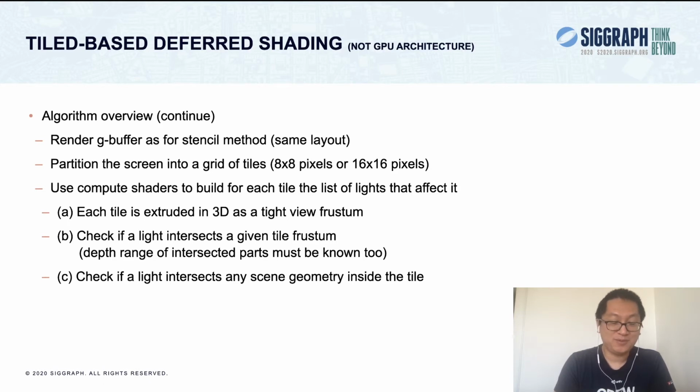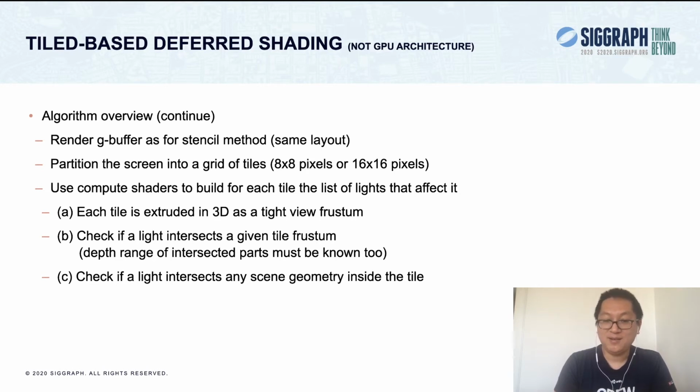So the way it works, we render the gbuffers as usual, the same as for the stencil method, same layout. But then we partition the screen into a grid of tiles, and the tiles are usually 8 by 8 or 16 by 16 pixels in dimension. And then we use compute shaders to build for each tile the list of lights that affect it.